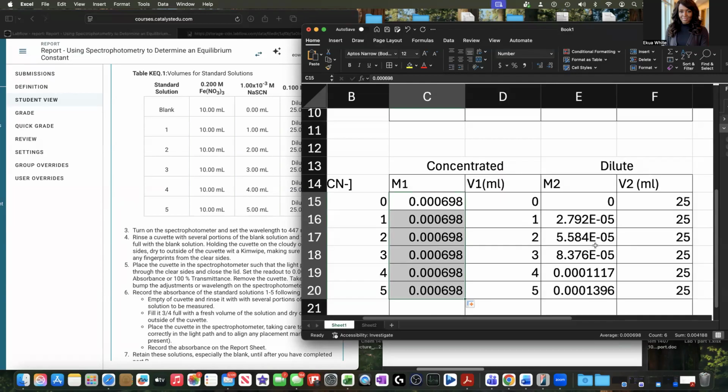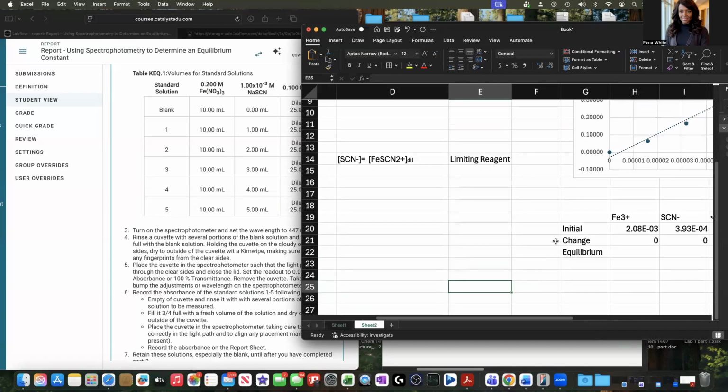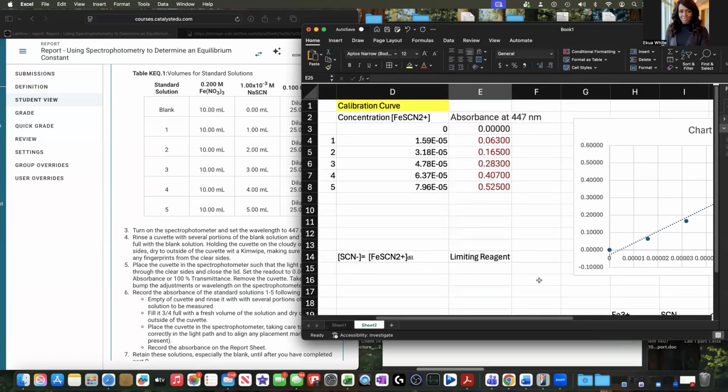I'm just copying these over so I don't have to come back here a lot. Okay, so I'm going to copy this over here. It will change all my numbers.